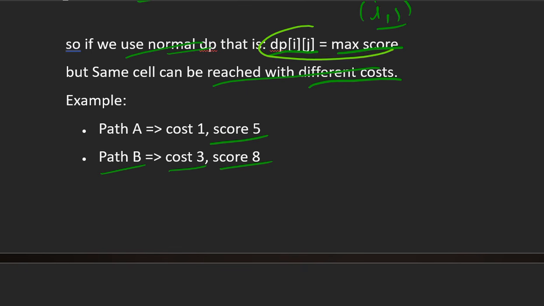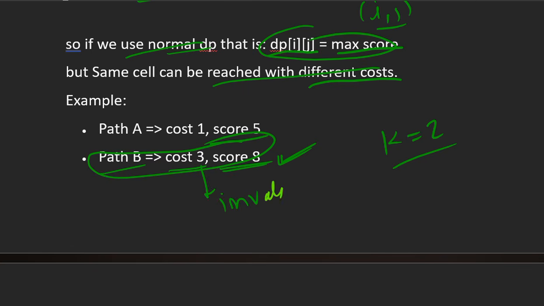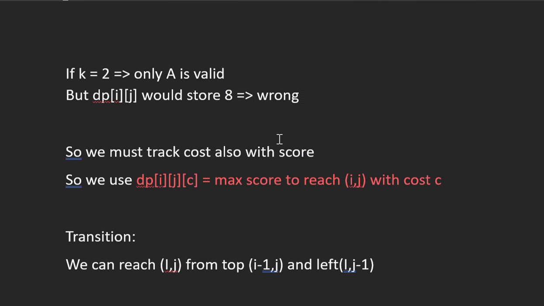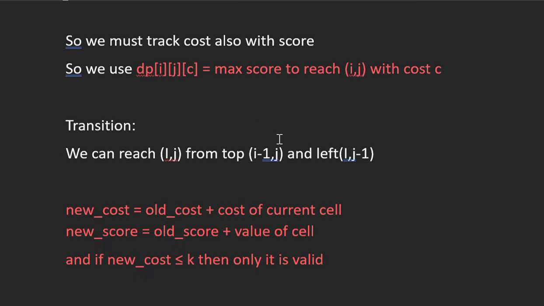If we go with normal DP, then we will take the path having maximum score, that is 8. But what if k is equal to 2? Then this path will be invalid because the cost is greater than k, right? So we don't have to take this path, but normal DP will be taking this path, which is wrong.